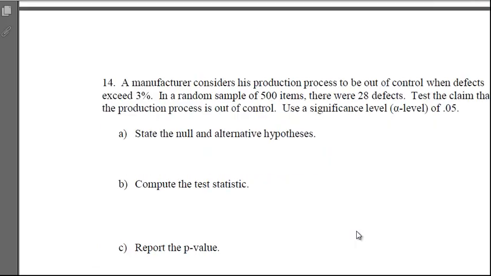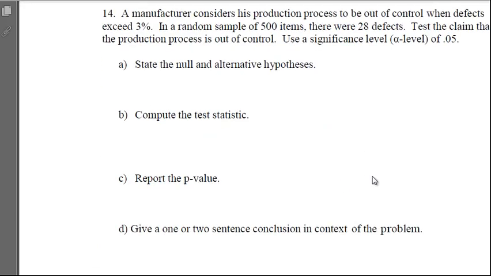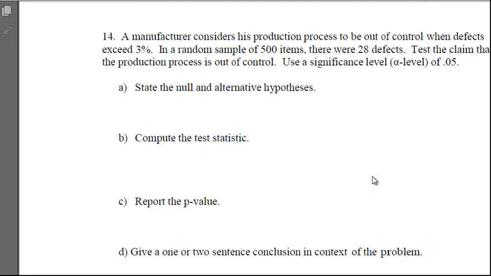All right, let's go on to the last page. We want to conduct a hypothesis test. A manufacturer considers this process to be out of control when defects exceed 3%. Test the claim that the production process is out of control. Use a significance level of 0.05. The first thing I want to do is state the null and alternative. I need to figure out if the parameter is p or mu.